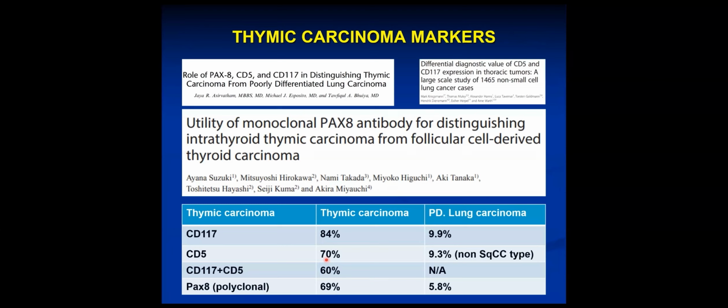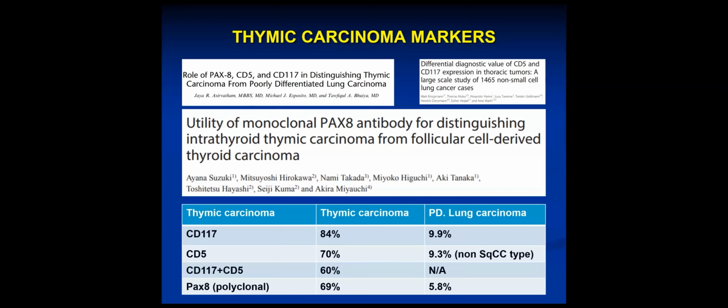Neoplastic thymic epithelial cells are usually positive for keratin and squamous cell markers with a diffuse meshwork pattern. It's worth noting that thymic epithelial cells are positive for PAX8 polyclonal antibody, and this staining is negative when we use monoclonal PAX8 antibody.